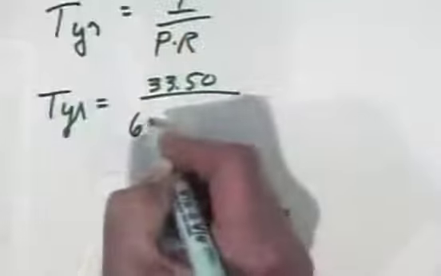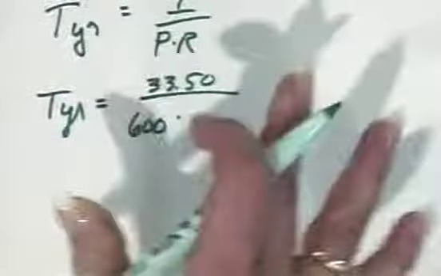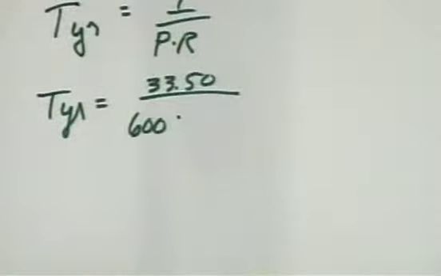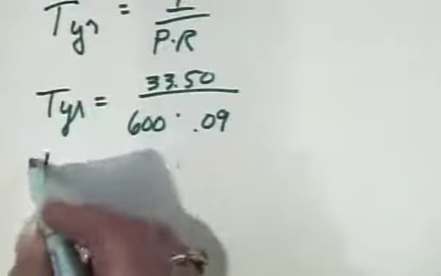Because the principal, or the proceeds, is the amount that you actually had to work with, which is $600. So we're never going to use the $633.50 in our calculation, because we need it to get the interest, but we don't need it to be part of our calculation. And then we've got 9% interest, so we're going to use 0.09.